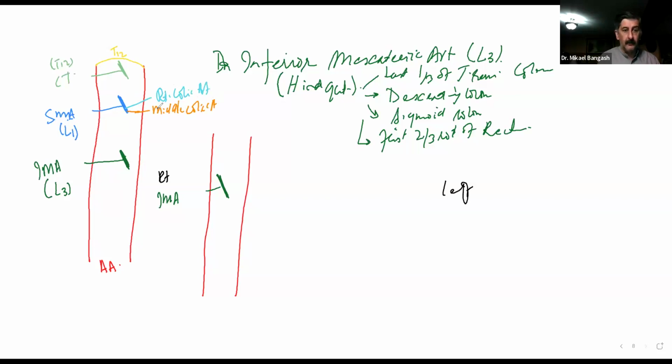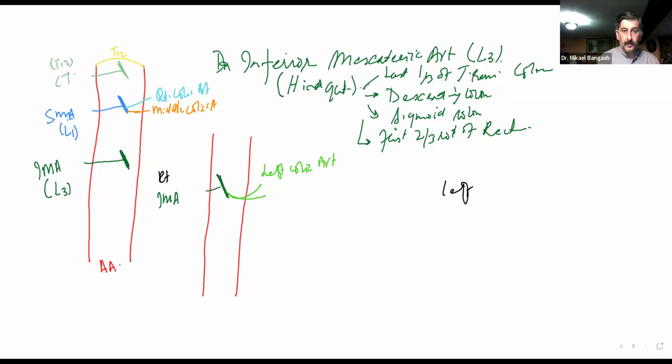So we have a right, we have a middle, and then off your inferior mesenteric artery we'll have what we call the left colic artery. Did you guys get that?